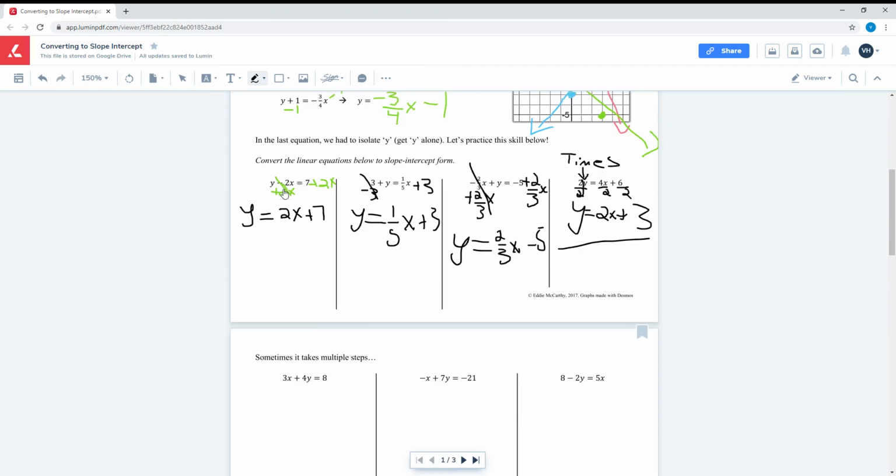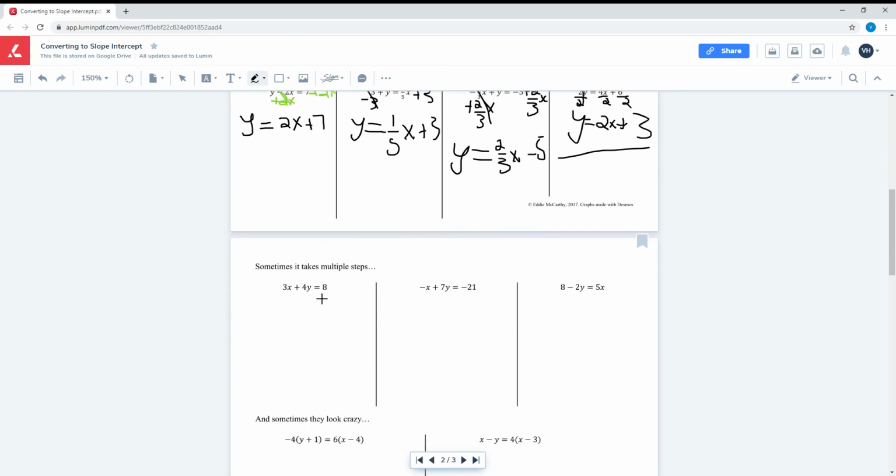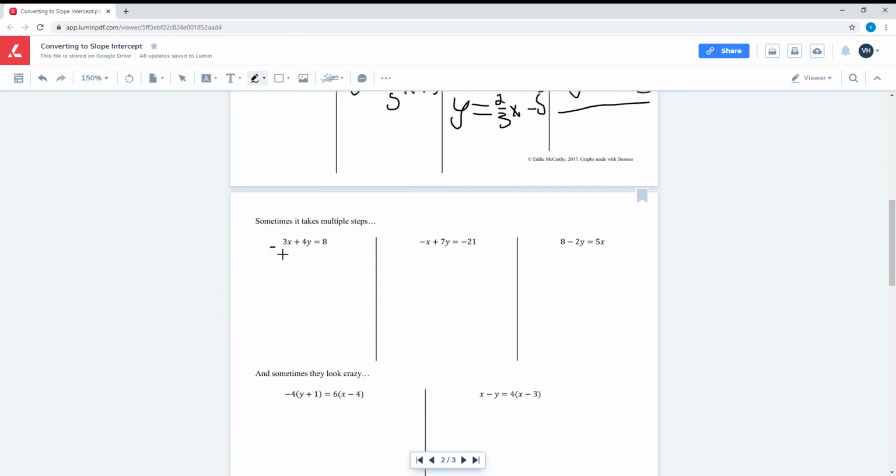We know that when we want to bring something to the other side, we have to do the opposite operation. So we have to minus this 3x here. What you do to one side, you have to do to the other, minus 3x on that side. Cancel out. What we're left with is 4y equals negative 3x, because x always comes first, plus 8, okay?